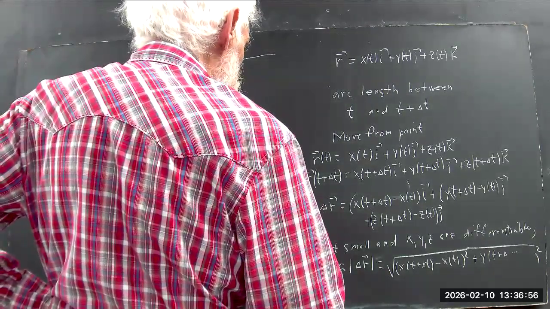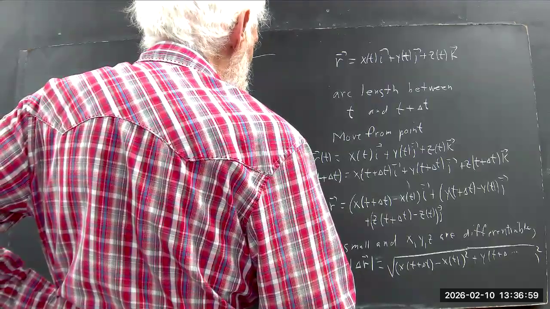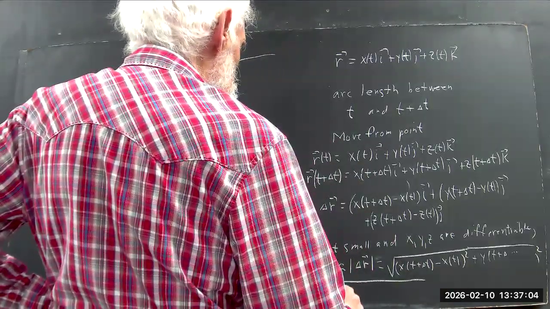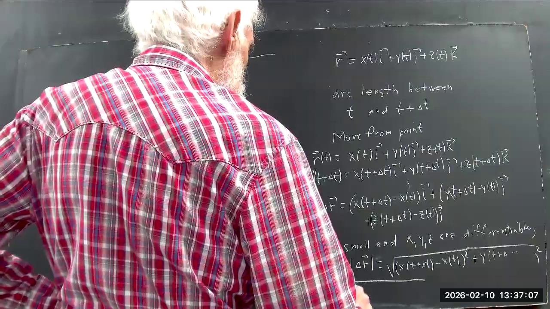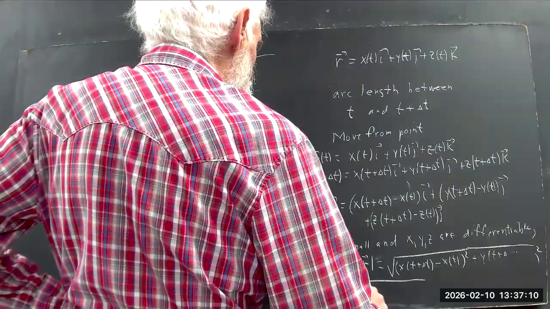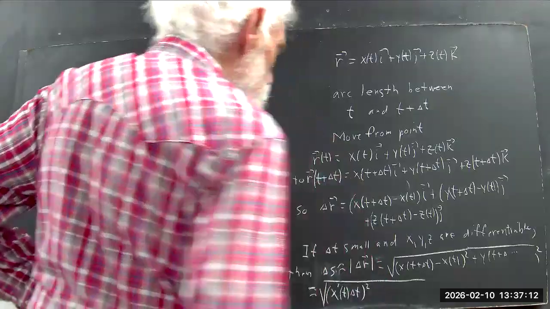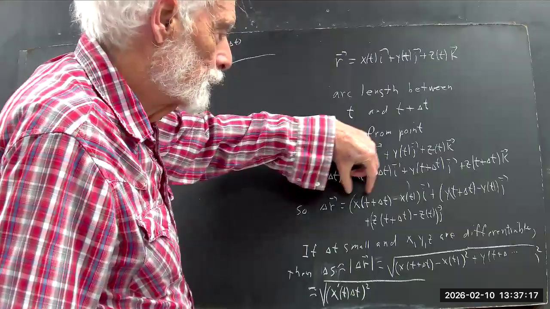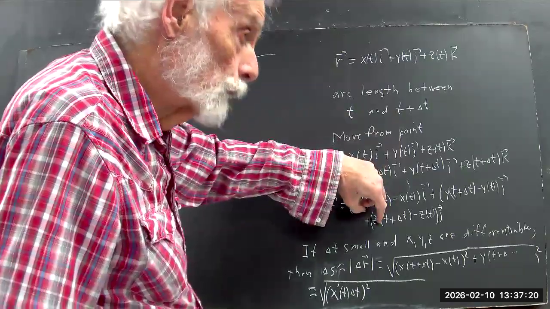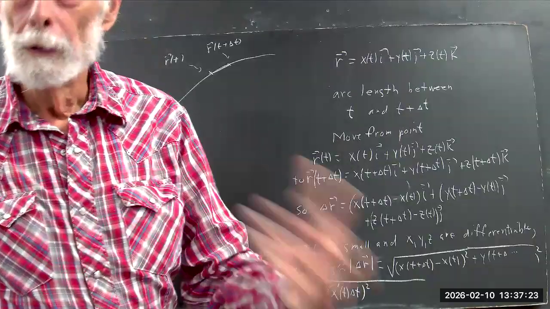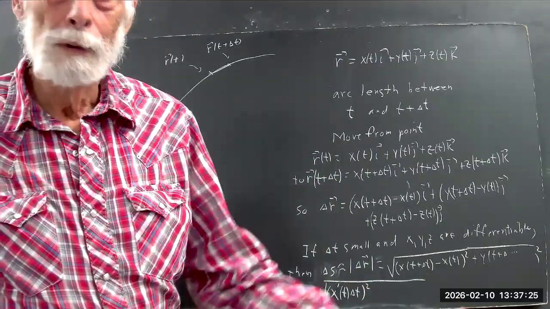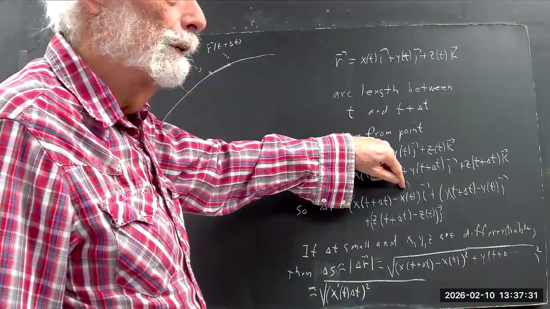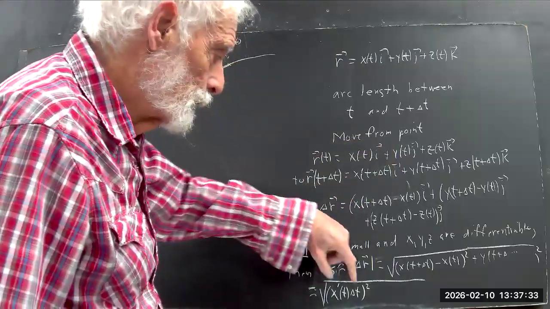Well, since x of t plus delta t minus x of t over delta t is your approximate derivative, definition of the derivative, then x of t plus delta t minus x of t is approximately equal to the derivative times delta t.